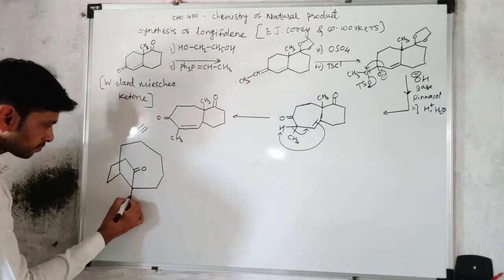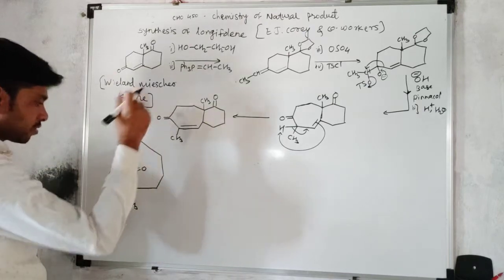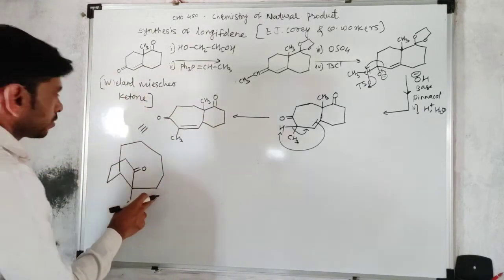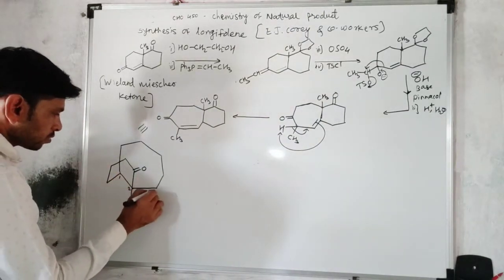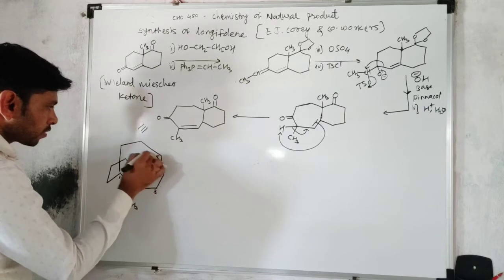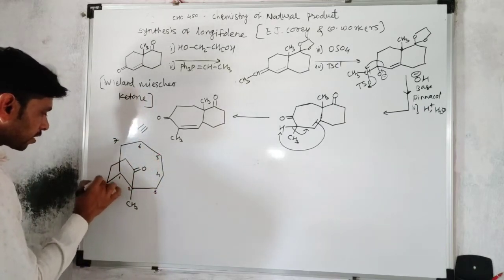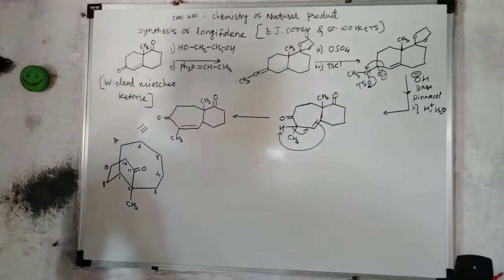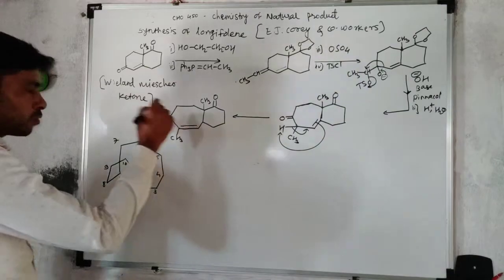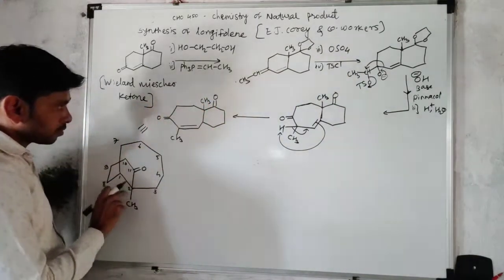Now this CH3 is present here. Now C1, 2, 3, 4, 5, 6, this is now 7, now this 8, 9, 10, this 11, okay, 11 carbons.